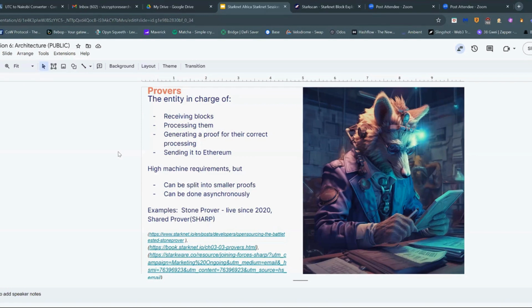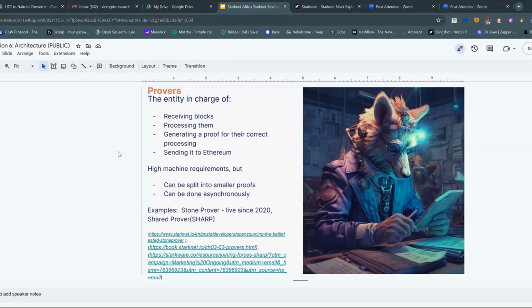The prover usually takes the execution trace of the transaction, blows it up and does some math on it, and is able to verify the execution without using all the input details, and is able to create an output file which can be used to verify that the execution was actually legitimate.